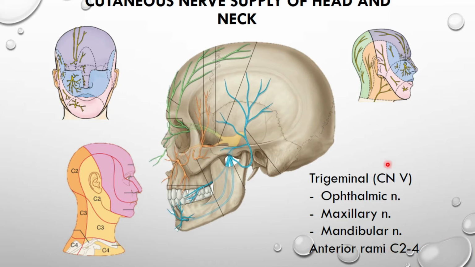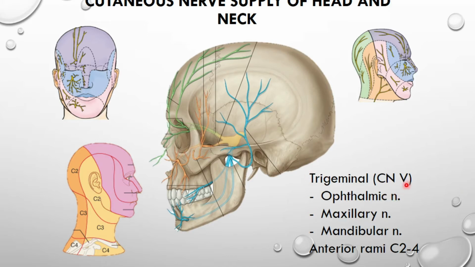So between the trigeminal nerve and those upper cervical nerves, the whole of the skin of your head and neck receives a sensory supply. So imagine if you have an itch somewhere on your face, that is being picked up by one of these branches of the trigeminal nerve.